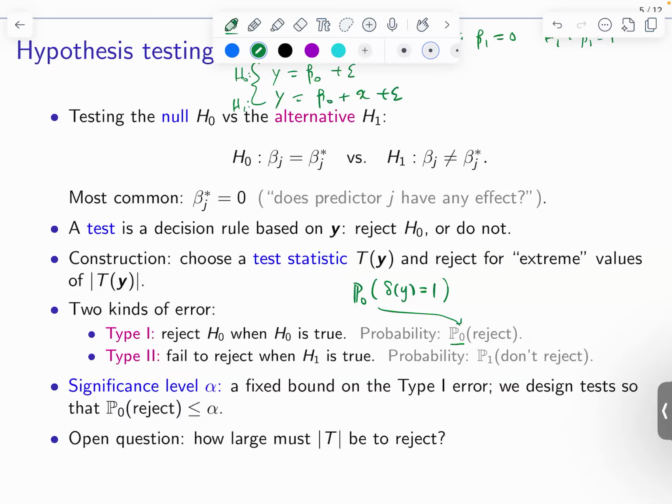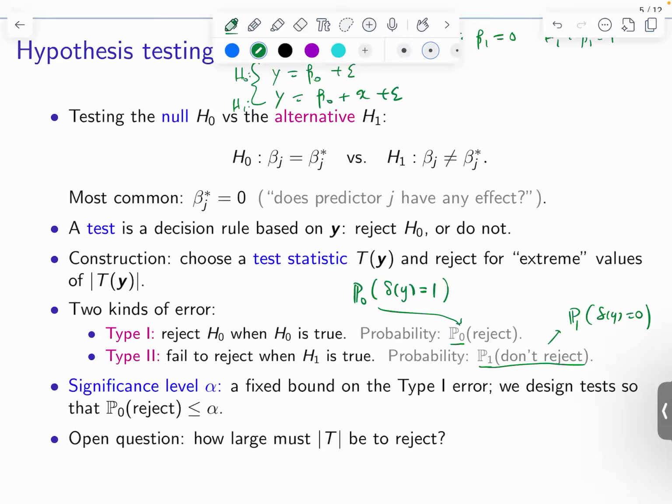So this is one of the types of probability of error. And the other one is when you're under the alternative, the probability that you don't reject. This is going to be the probability under pi 1 that the decision rule of y is 0. So this is also bad. If you're under the alternative and you decide for 0, then this is not good. And ideally, you want to minimize both, but they're kind of in conflict. And if you've seen 100B, there are different ways of dealing with the fact that you can't drive them both to 0 at the same time.